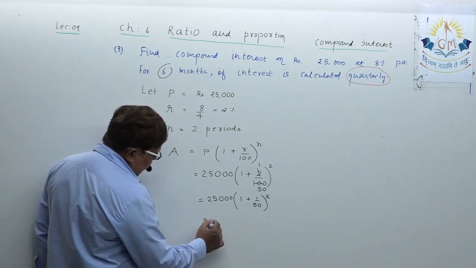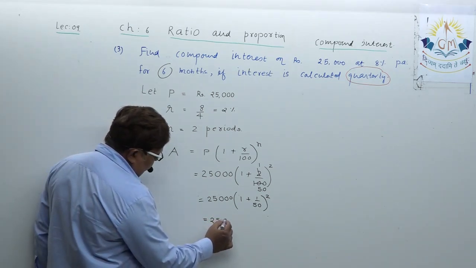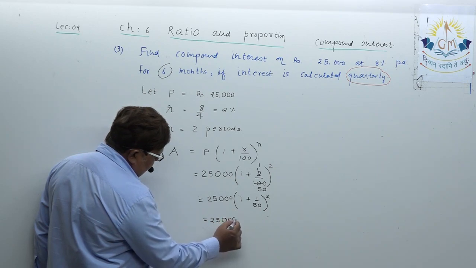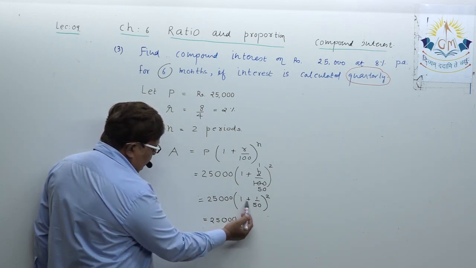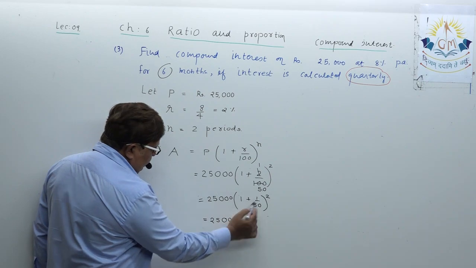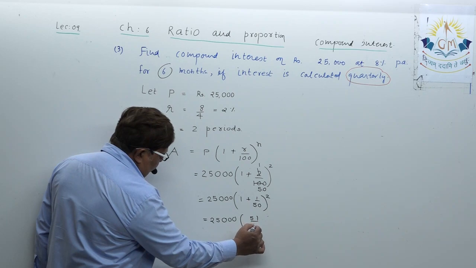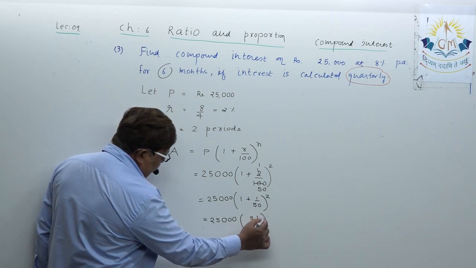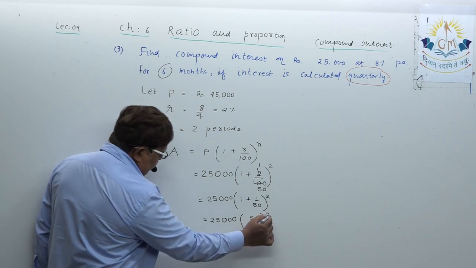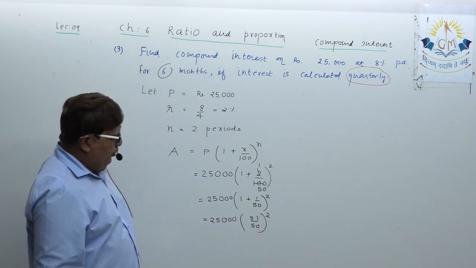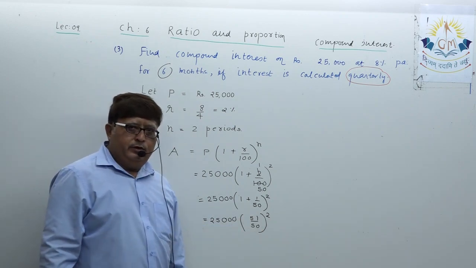Next step, dear student, taking LCM, 50 ones are 50, plus 1, 51 upon 50 raised to the power of 2. Is it clear?